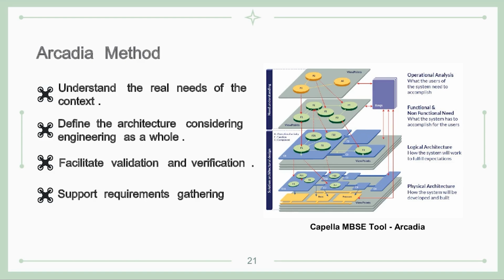And one of the best aspects of this method is that the initial focus is on the system's needs and operational analysis with functions, and progressively formalizing requirements based on these needs.